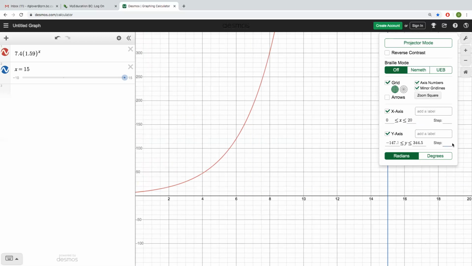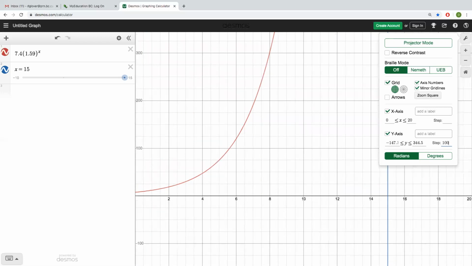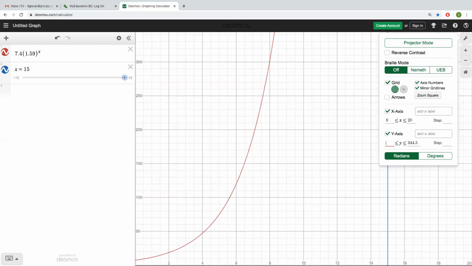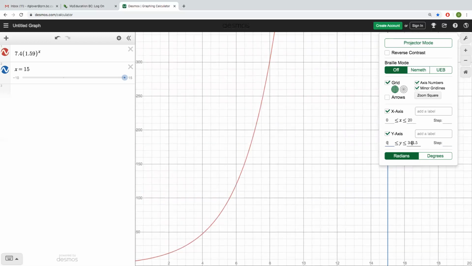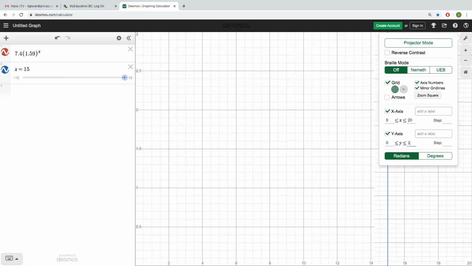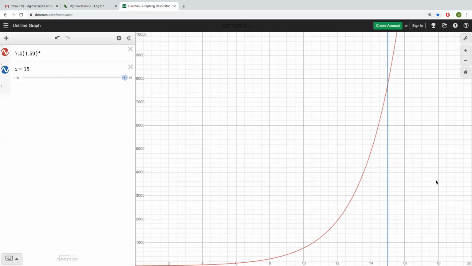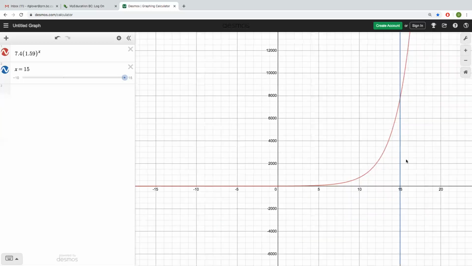I'm going to make every square worth like 100. Oops, maybe that's not going to work. Maybe I will just change my y-axis to go from 0 to, I don't know, 10,000. This is one of those times where the graphing calculator might not actually be much more difficult than Desmos. So this is what the graph looks like.